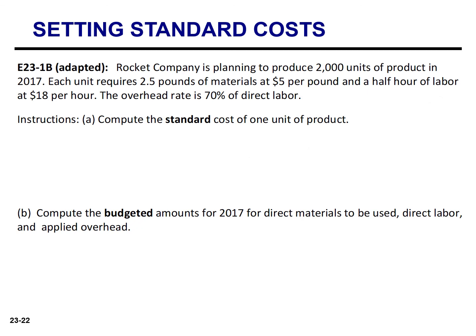For this exercise, in Part A, you're simply going to calculate a standard cost for 1 unit of product. In Part B, you'll determine the budgeted amounts if the company produces 2,000 units, and you'll have to do that by determining the direct materials, the direct labor, and the manufacturing overhead cost for the production of 2,000 units. The solutions will be provided in the next video.